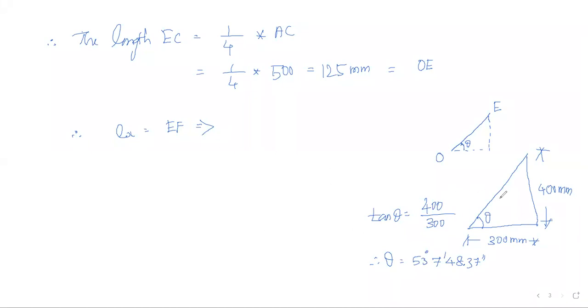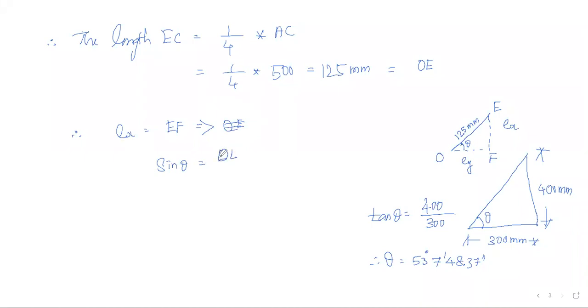Now I have to resolve into vertical as well as horizontal direction in order to get the distances. I know the hypotenuse, that is 125 mm. So this is our EX distance and this is our EY distance. The eccentricity in x direction, that is EF, we can go for sin theta, which is opposite side by hypotenuse.